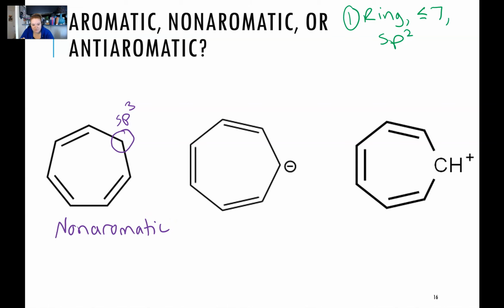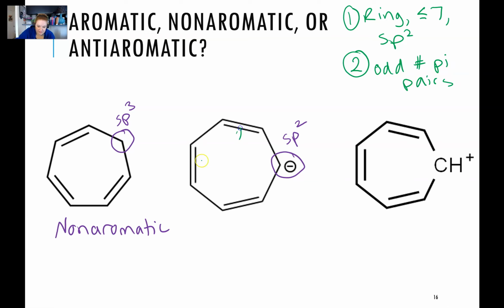Compound number 2, we have a ring, we have 7 carbons, we have sp2 carbons all the way around. So then we go on to rule number 2. Rule number 2 says that we need to have an odd number of pi electron pairs.